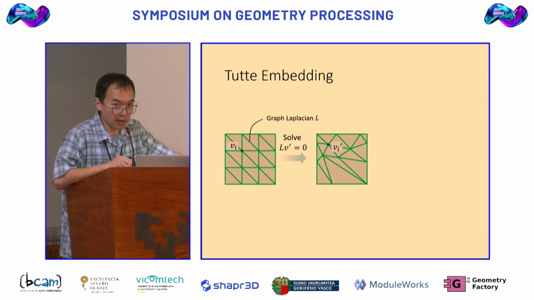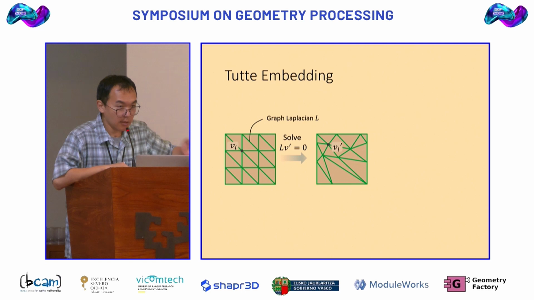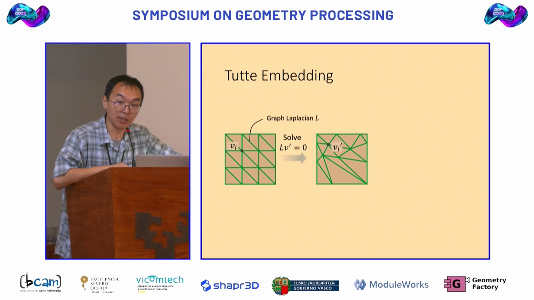The theory is that if the boundary is convex and we don't have flipping on the boundary, and you solve the graph Laplacian, then you get a mesh, because you know the locations of the interior vertices, and this mesh has no self-intersection. This is a beautiful mathematical result, which is well known.